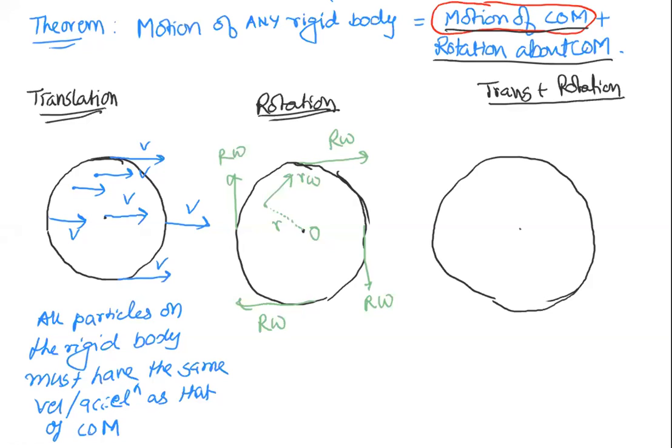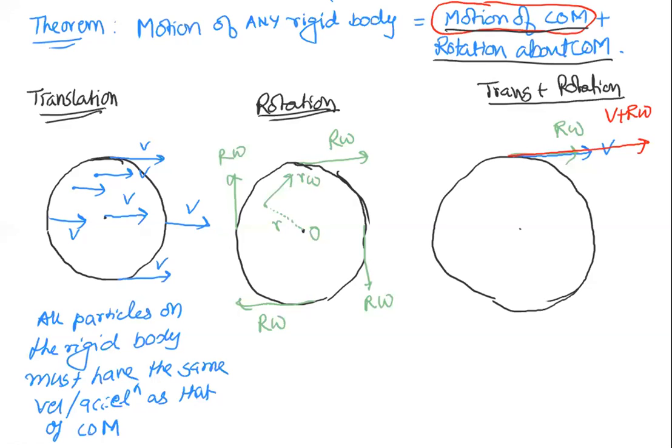Now, this is going to give us some unusual results, but it is what it is. Let's talk about this point. This point has a velocity v due to translation, and it has a velocity r omega due to rotation, and therefore its velocity will be equal to v plus r omega. A simple vector sum of the green and blue vector gives the net velocity of that point.